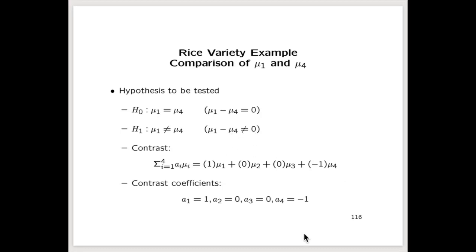The contrast coefficients we see are 1, 0, 0, and -1 for A1, A2, A3, and A4 respectively. And so we use those in calculating the test statistic.